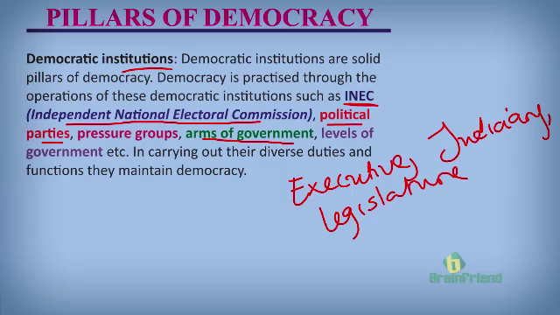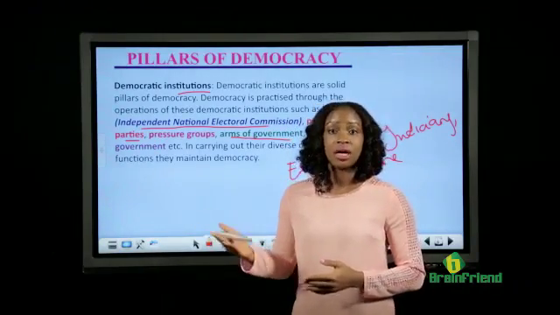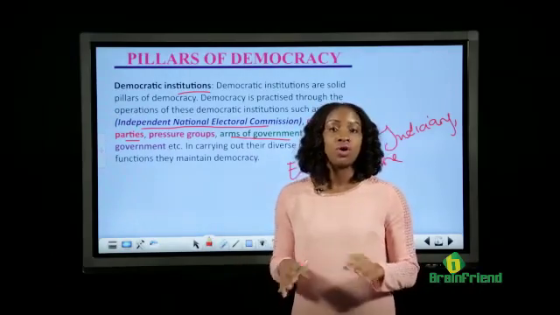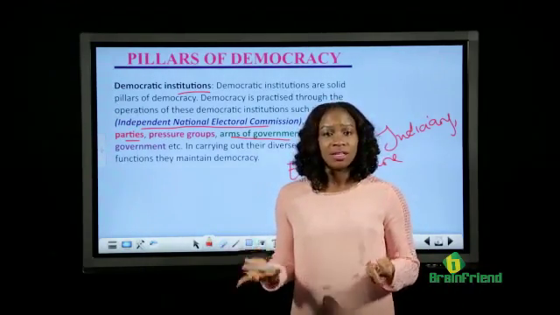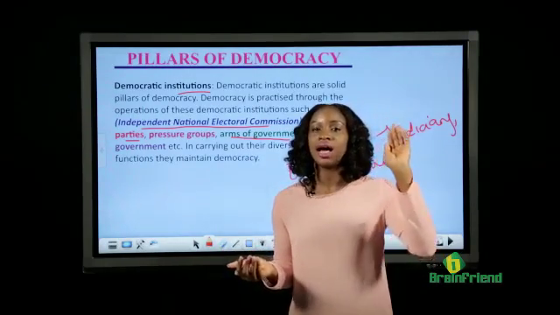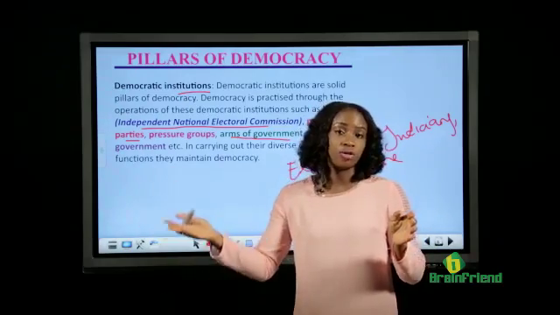Also, the different levels of government, which are the federal government, the state government, and the local government, also help in promoting democracy. You may ask, how? Assuming we had only a federal government and we had no state government or local government, the masses will not be able to be reached properly. The federal government could center their attention on one part, neglecting the other part of the country unknowingly.